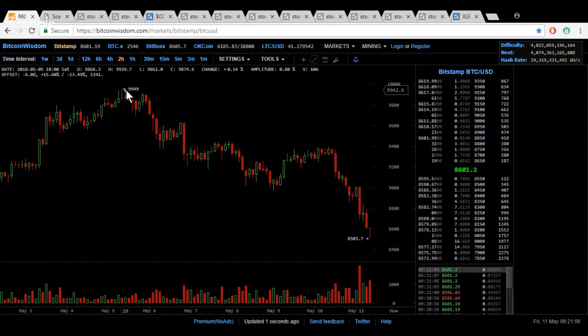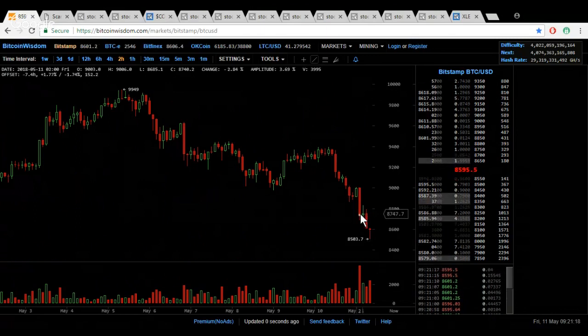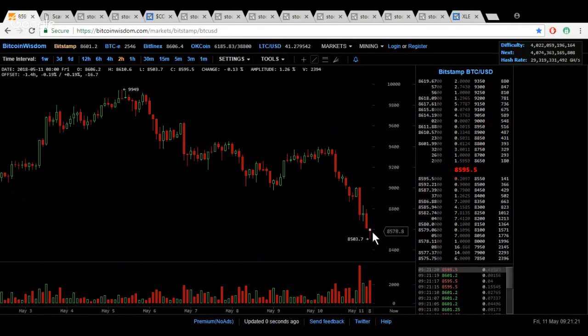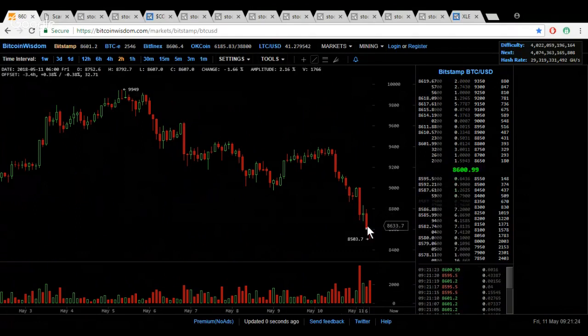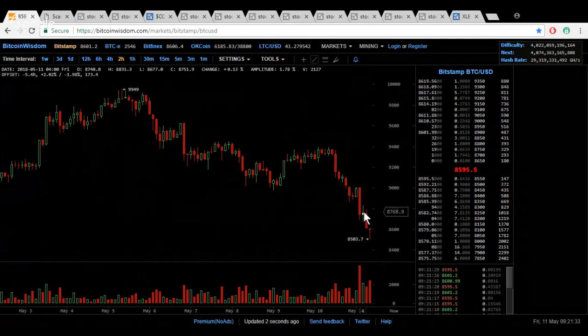We patiently looked for a target between 8,500 and 87.50, which last night we hit by getting to this candle where we closed at 86.07 and this candle where the low was 86.77. And at that point, my target of 8,500 to 87.50 had been met, and I immediately tweeted that out this morning.